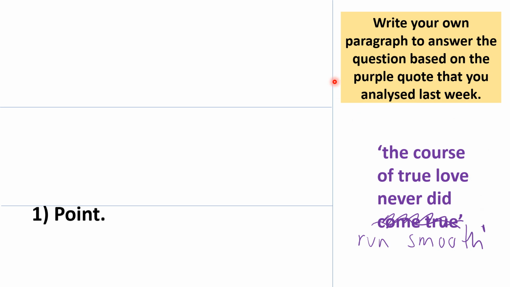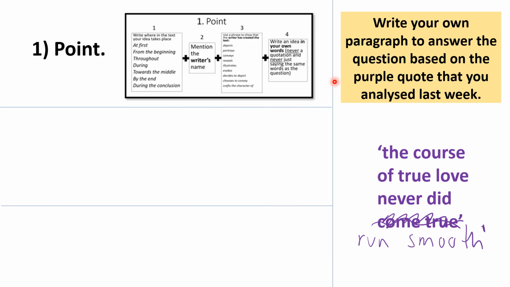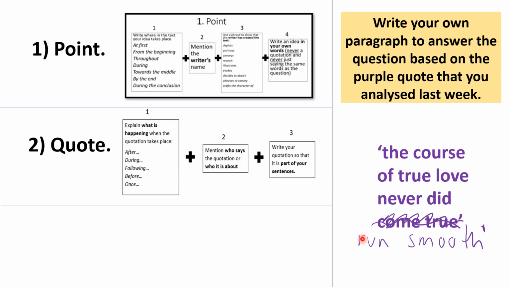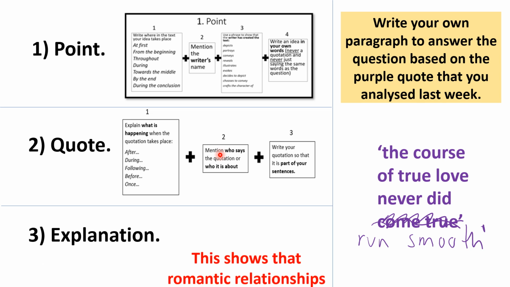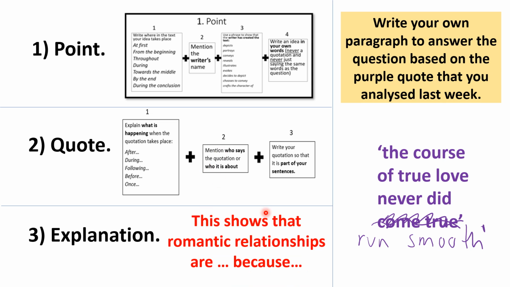Remember, the structure is your point, your quote. This is your quote. You need to make sure you write it as part of your sentence and include steps 1 and 2. And then the final step is your explanation, and you're going to use a sentence starter. This shows that romantic relationships are something because, and then you're going to explain your reasoning.